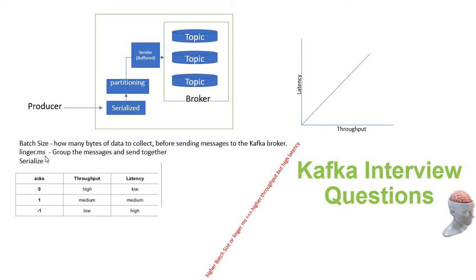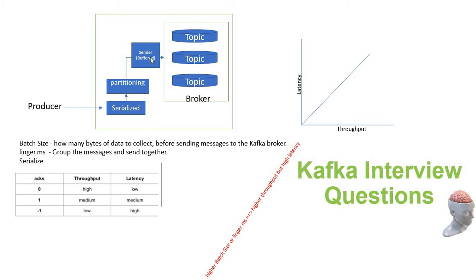On the other side we have linger.ms. This is basically the time interval between the message that was sent last time and the time the next message needs to be sent. So it is a time interval. For example, when I configure it as 5 seconds, the sender will wait for 5 seconds to send the new messages to the topic, to the broker.